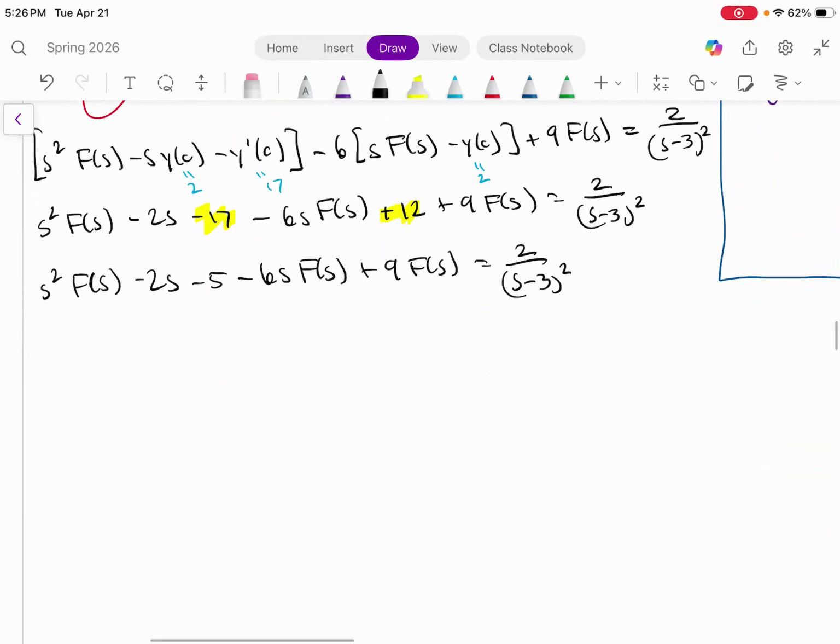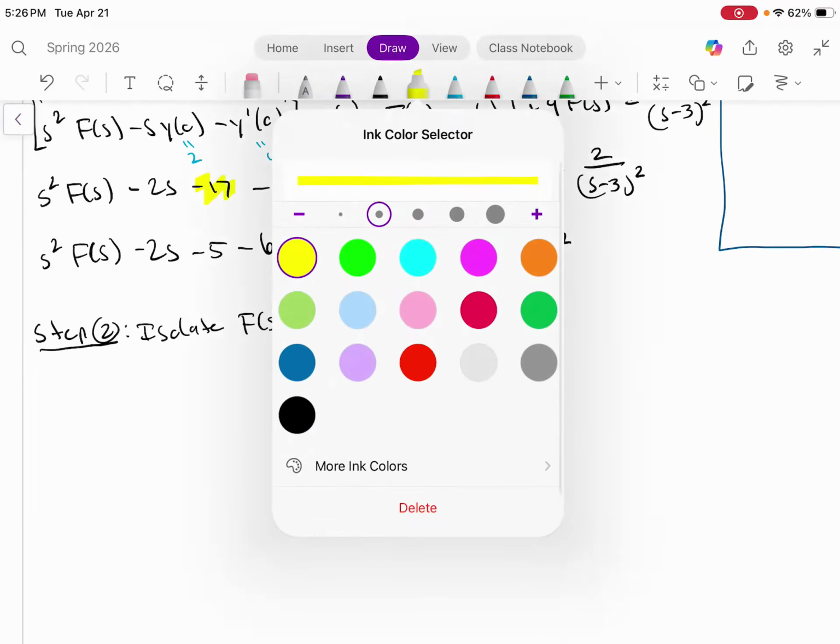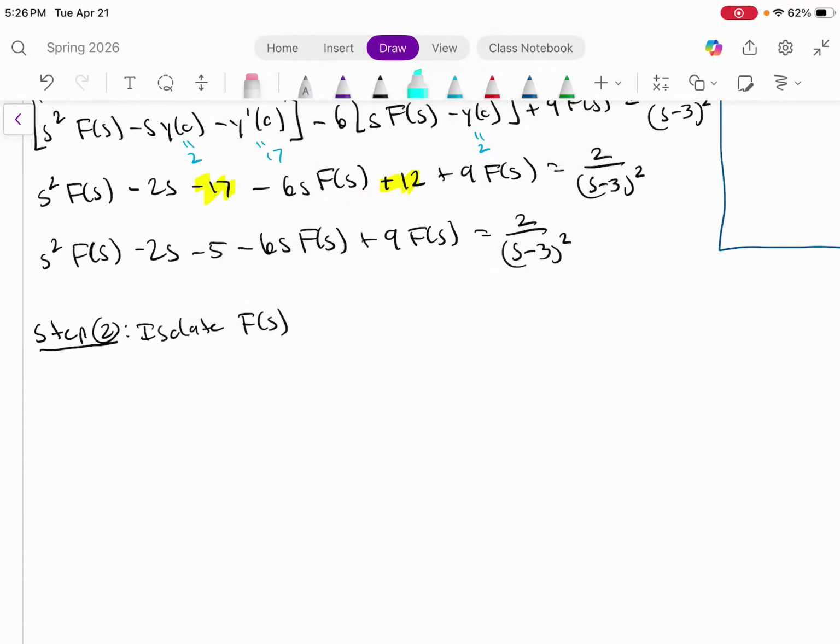And so the second step, if you recall, when we do these initial value problems, is we want to isolate F of s. So we want to get F of s by itself and move everything over to the right side. So notice how these terms have F of s in common.